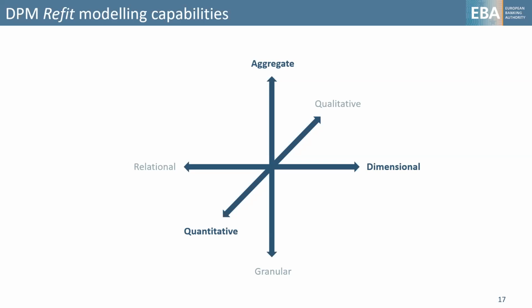With the DPM refit, we want to address the other dimensions in the same way. So it should also be equally adequate to qualitative data, to relational data, meaning being able to relate different data sets, typically as we do with foreign keys, primary keys, and to address also granular data in an optimal way.